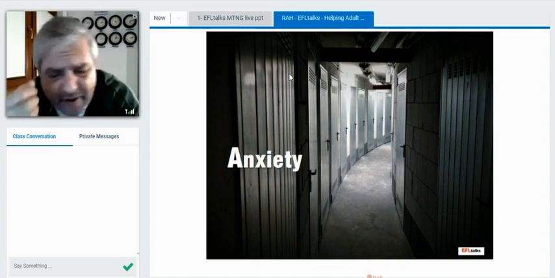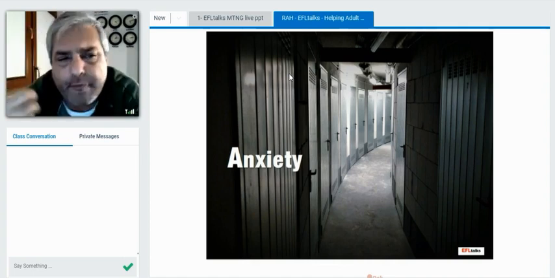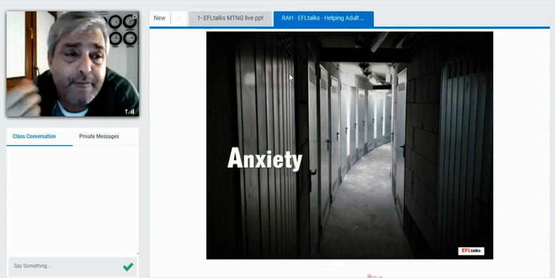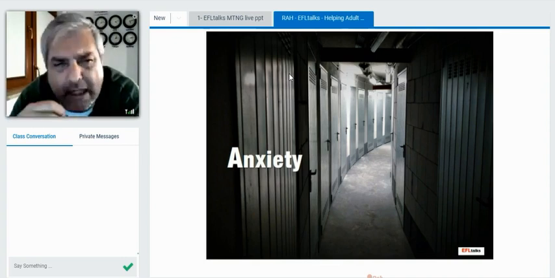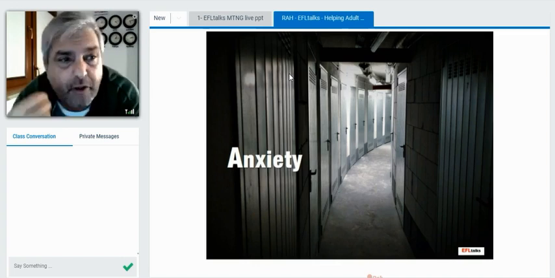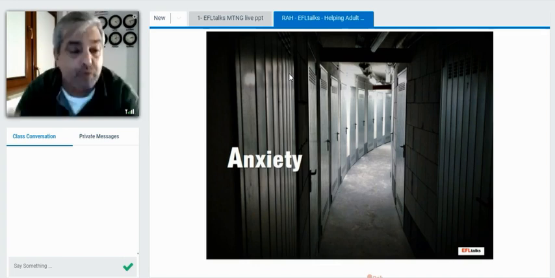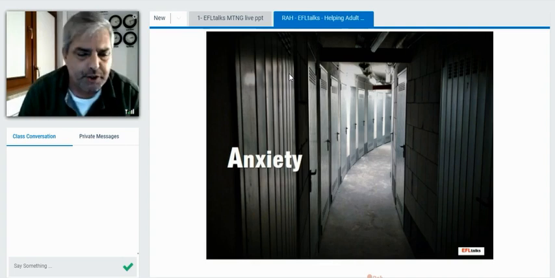And this has a different effect. Not knowing information, a younger learner can just say, I don't know. But an adult actually can feel inferior or stupid because they don't know information.